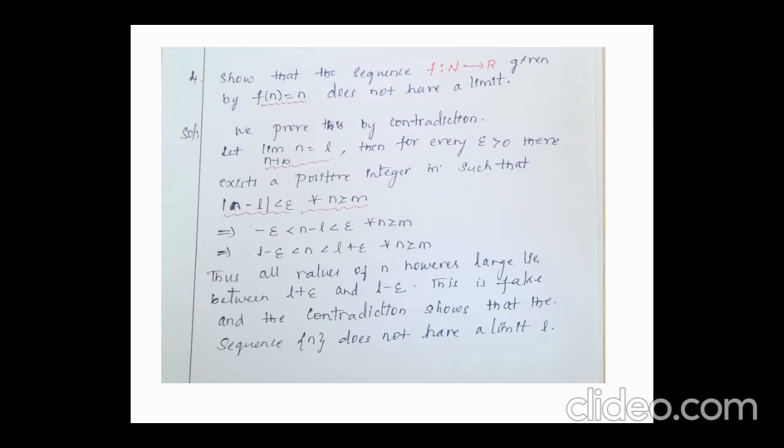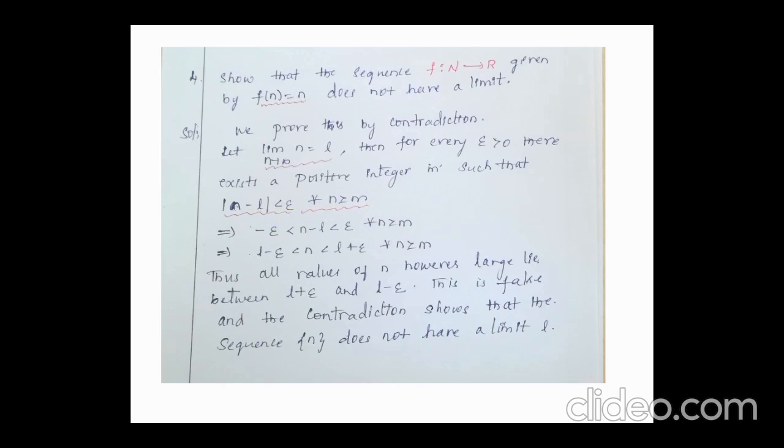Okay. So first let us take the limit as n tends to infinity of n is equal to L. If the limit of this is equal to L, then for every epsilon greater than 0 there must exist a positive integer m such that this condition has to hold. That is, modulus of n minus L is less than epsilon for all n greater than or equal to m. Okay.